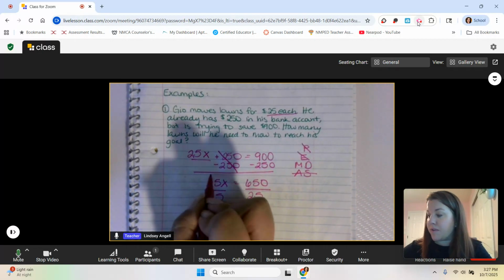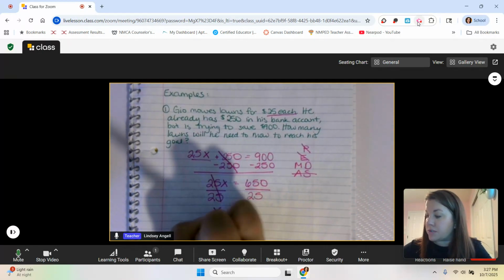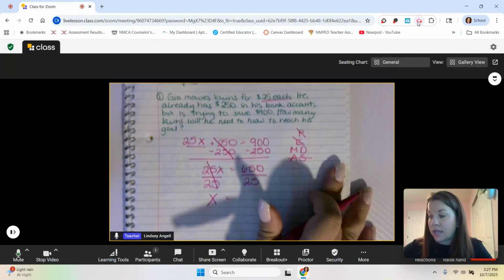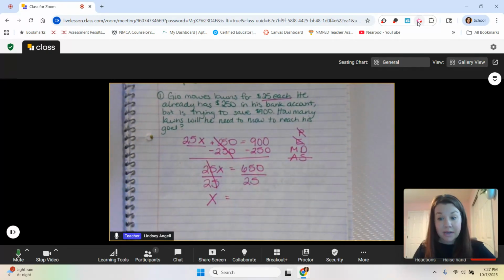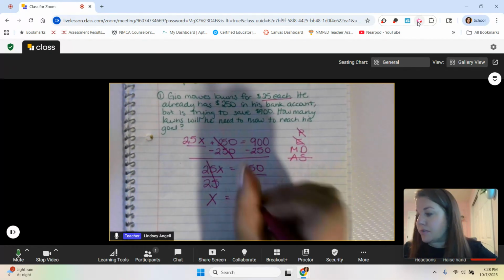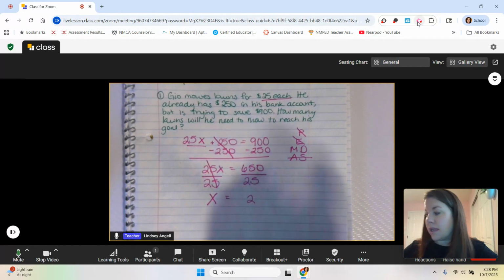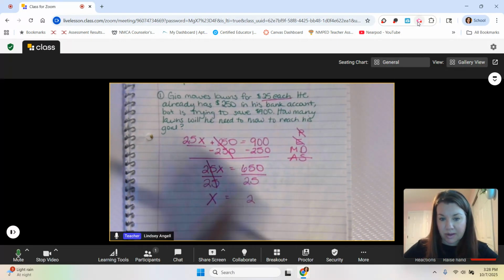25 divided by 25 is 1, so we are left with just 1x. And then 650 divided by 25. Well, let's see here. 50 divided by 25 is 2, so I know I'm going to have a 2 in there, right? And then 600 divided by 25.